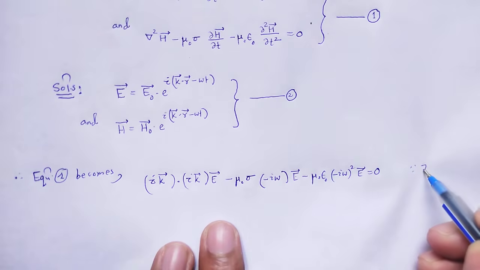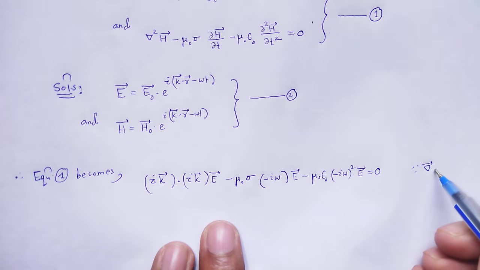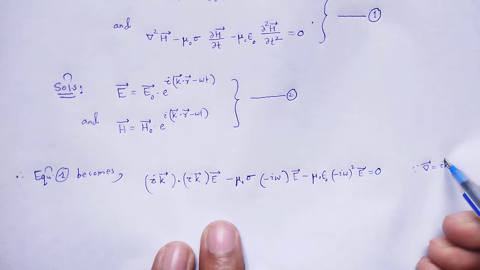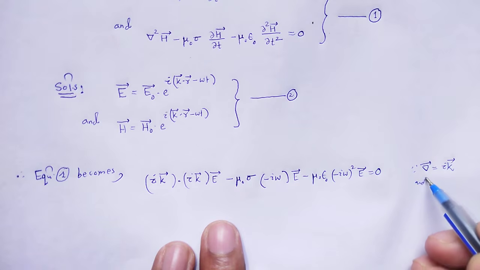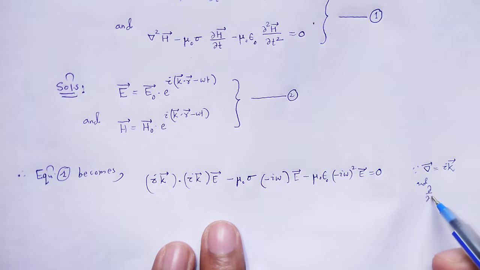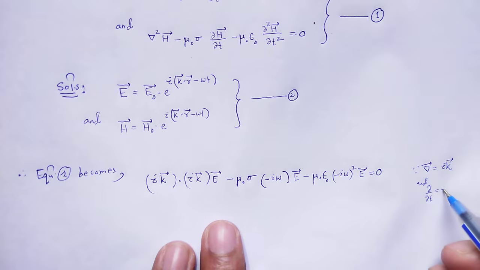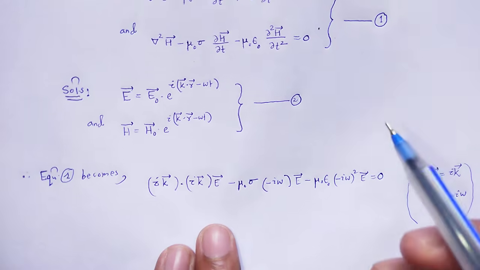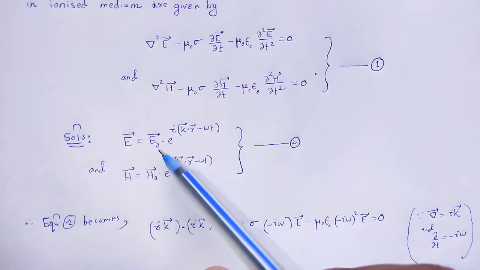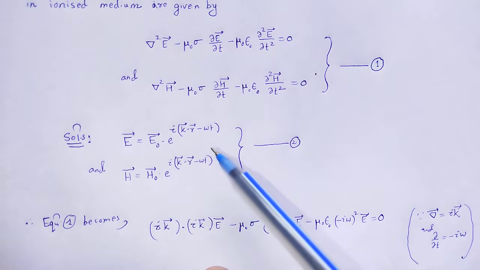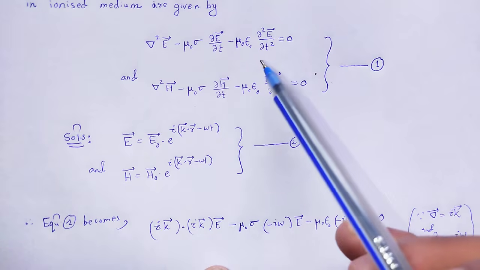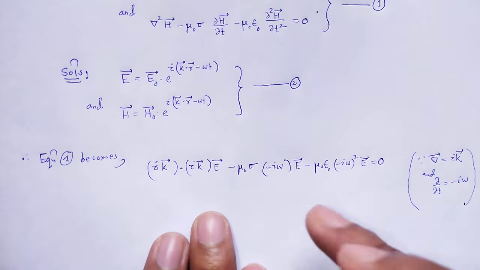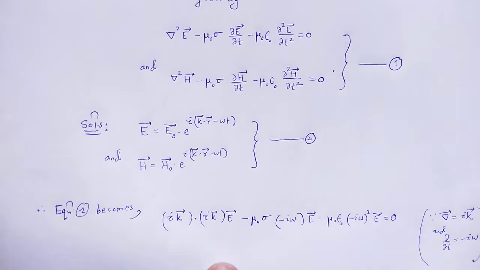As we say, in place of the del operator we use i k, and in place of the del by del t operator we use minus i omega. Instead of taking the value E is equal to E naught e to the power that and differentiating, we can easily substitute its operator form and simplify.